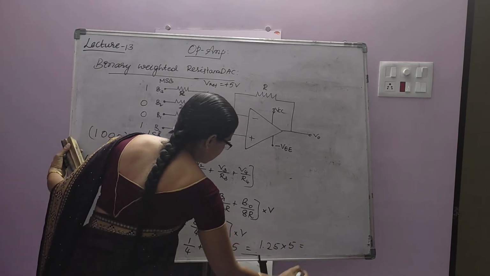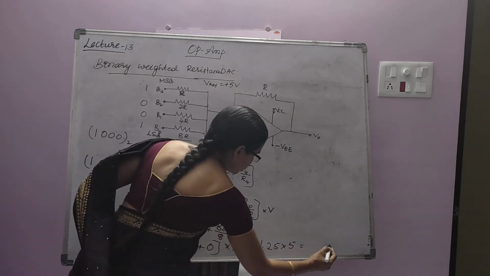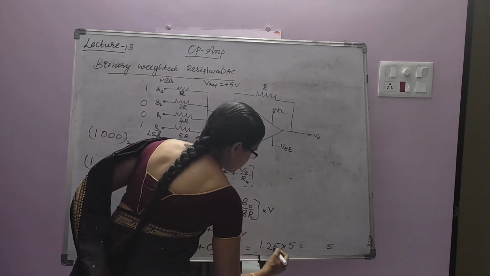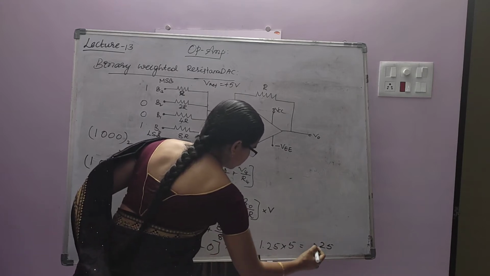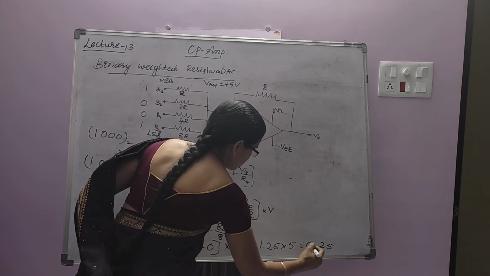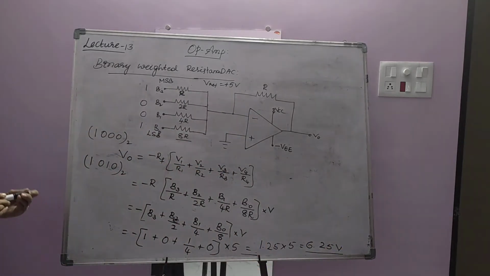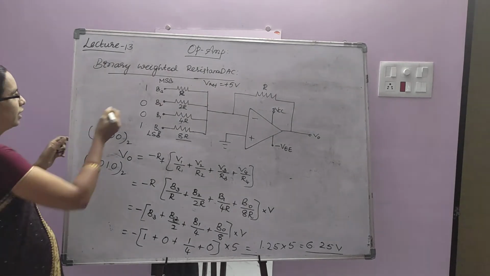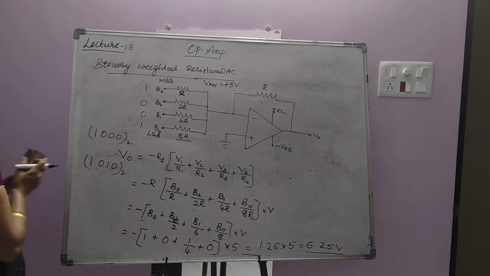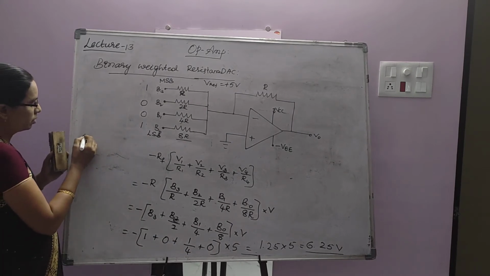Calculate, it will come around 6.25 volt. So in the same way, you calculate it for different inputs.